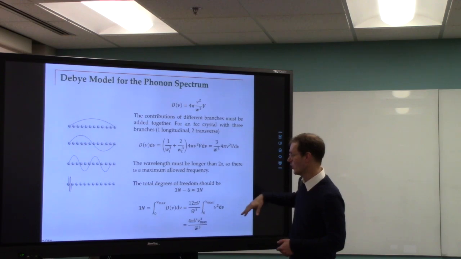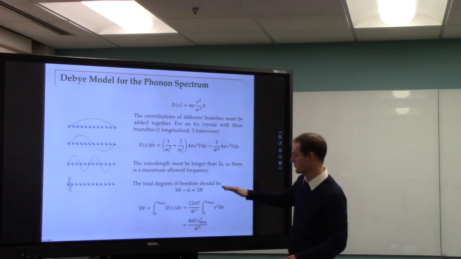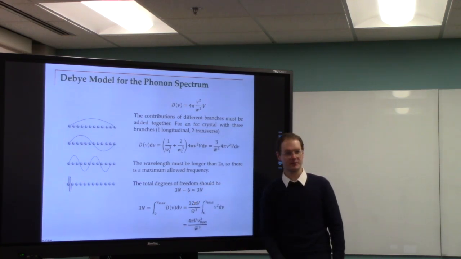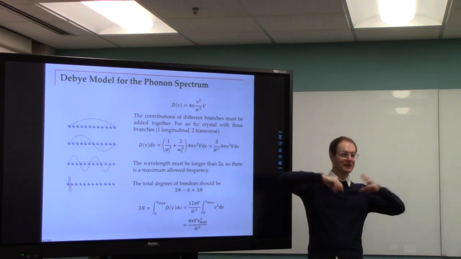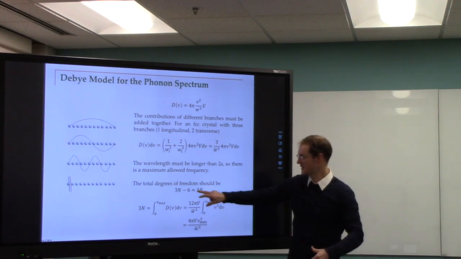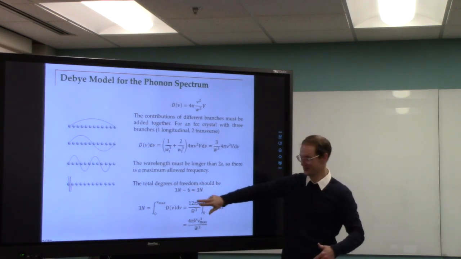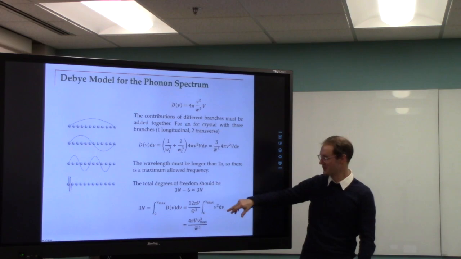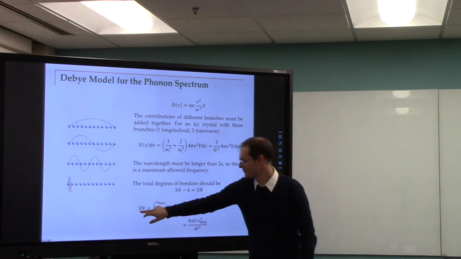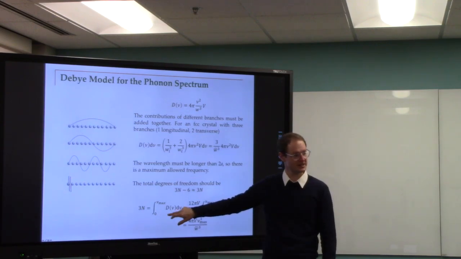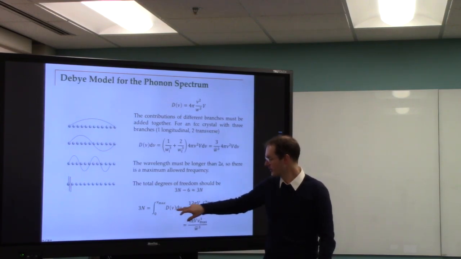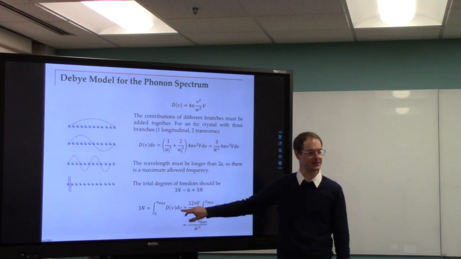And so the total number of degrees of freedom should be 3n minus 6, but if you have a macroscopic solid, n is a really large number, like 10 to the 20, and so 6 doesn't matter, so it's approximately 3n. And so we can say the number of degrees of freedom is equal to the total number of vibrational states, which is the density of states integrated over all possible frequencies, right?